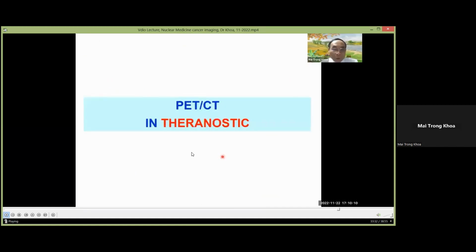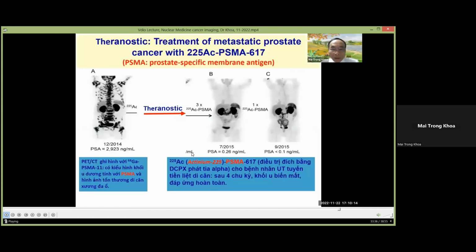And what about the opacity in theranostics? You can see here. In this slide, you can see this is an opacity image that helps detect small metastasis in a patient with prostate cancer and helps to evaluate the effectiveness of the treatment with very clear images.